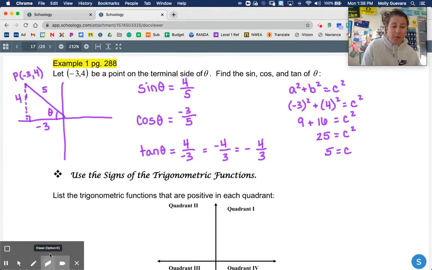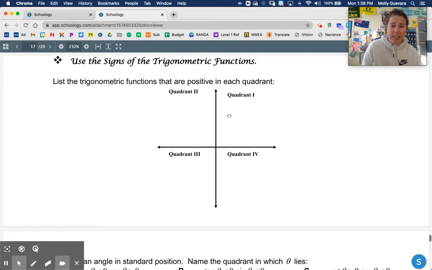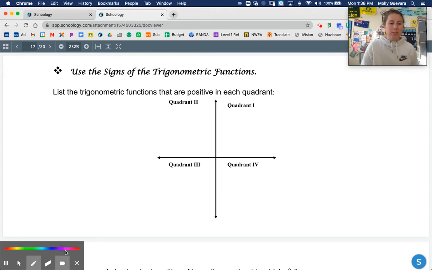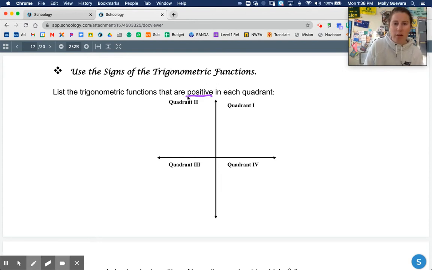The next thing that we're going to look at here is when are our trig functions positive? Again, remember our trig functions are sine, cosine, tangent, and then cosecant, secant, and cotangent.